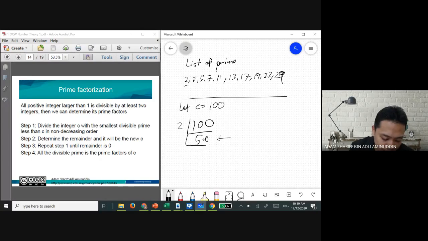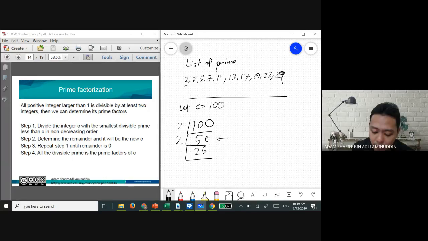Ni saya kena ulang balik. Repeat step 1 till remain this 0. Okay, 50 ni ulang balik step 1, 2. 50 divided by 2 is 25. Okay, right now 25. Can it be divided by 2 without any remainder?